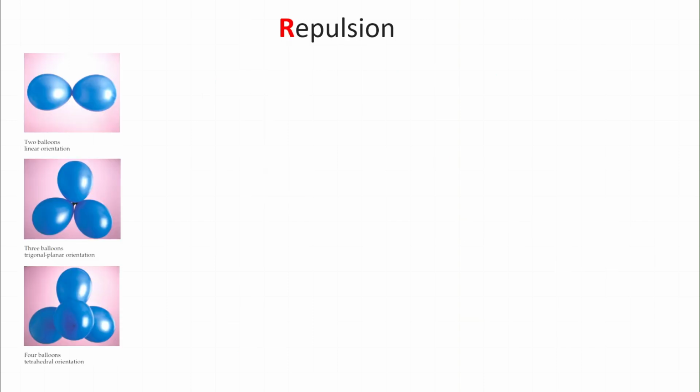So repulsion. Due to the repulsion, they will try to arrange themselves in 3 dimensions. Here is a balloon analogy. Looking something like this, if there are 2 pairs, this is for 3 and this is for 4.